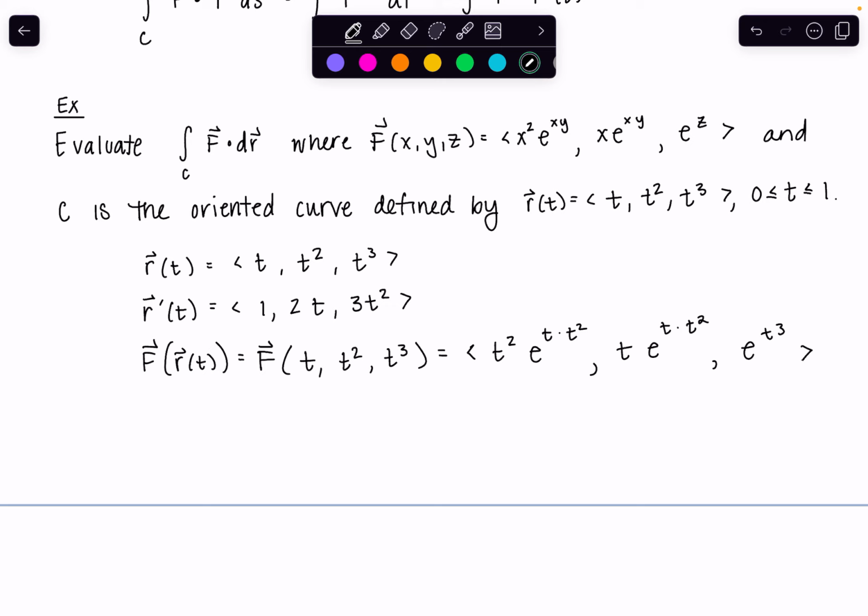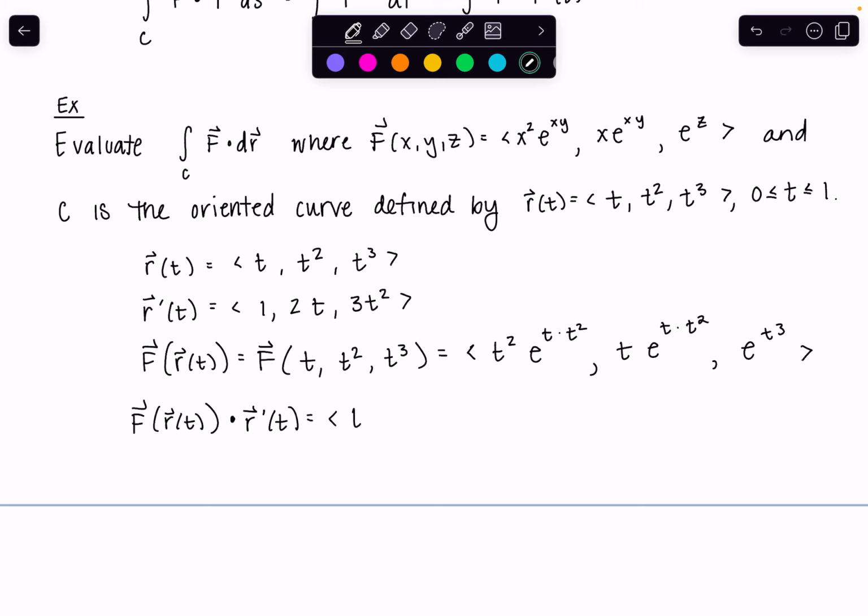Now you absolutely can jump into taking the integral at this point, but just to clear things up, I like to go ahead and find the dot product between these two things, because that's what I'm going to end up integrating.